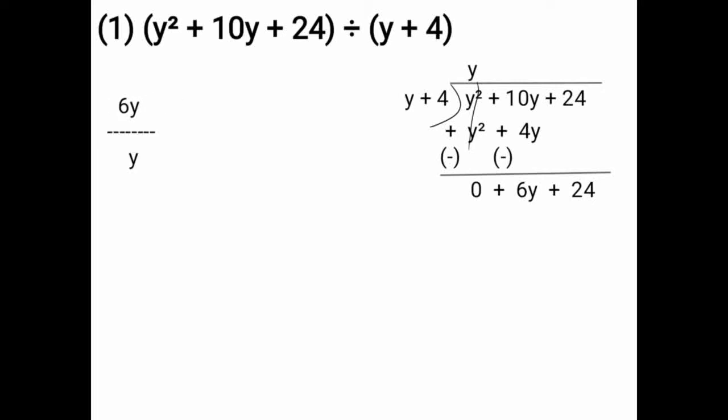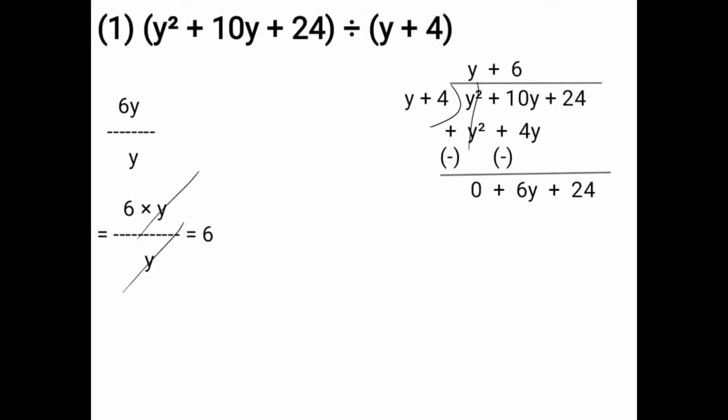6y upon y is equal to 6 into y upon y. Y gets cancelled, so what will remain? 6. Now this 6, which you got by dividing 6y by y, you have to write as the quotient here, that is plus 6.